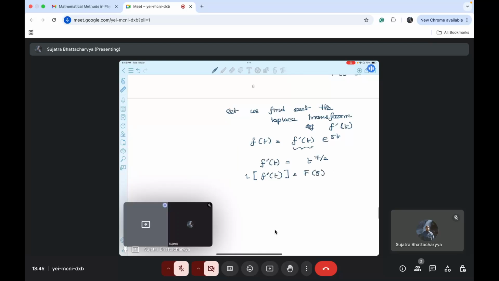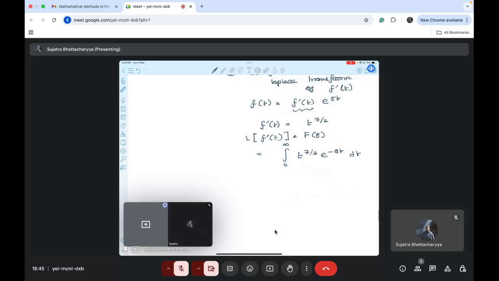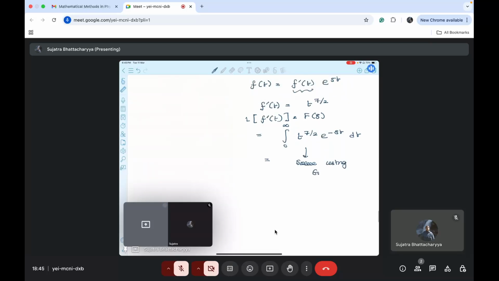that will be what? Go by the definition, integral from 0 to infinity of t to the power 7 by 2 e to the power minus st dt. All right, this is fine. So what will be the result of this? See, again, we can solve this using the gamma function. This is a very powerful technique using gamma function to solve an integral.